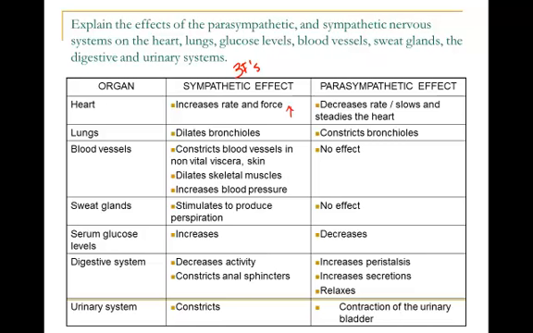And with your blood pressure being up, it's going to help your muscles get the energy that they need to run. It stimulates your sweat glands to perspire because obviously we want to cool ourselves. It's going to raise your blood sugar. Your serum means blood, glucose, because obviously we need glucose to help you make energy.